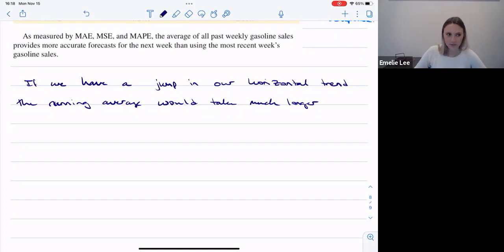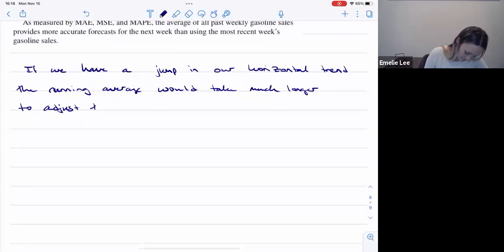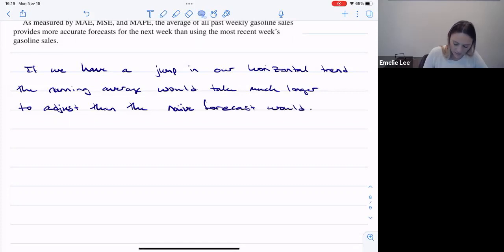The running average would take much longer to adjust than the naive forecast would. Right, that's just something to keep in mind.